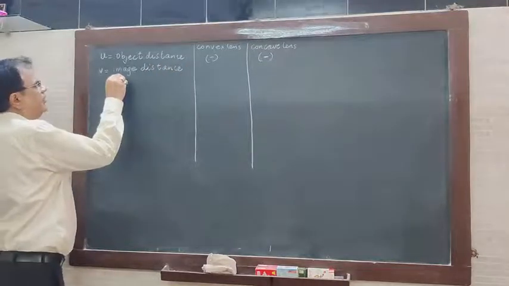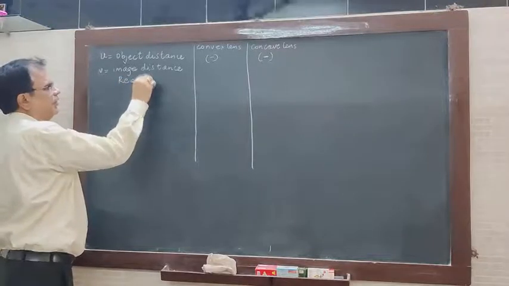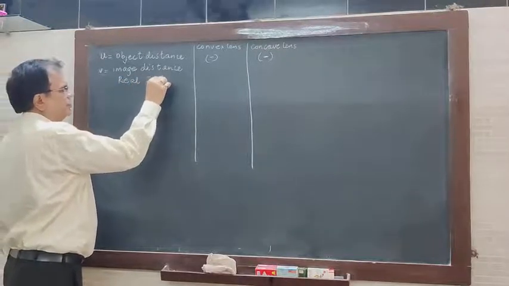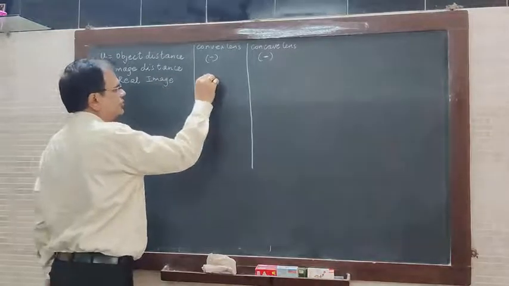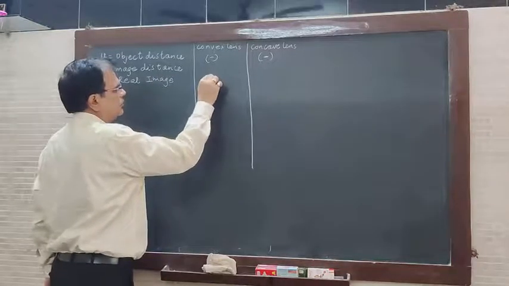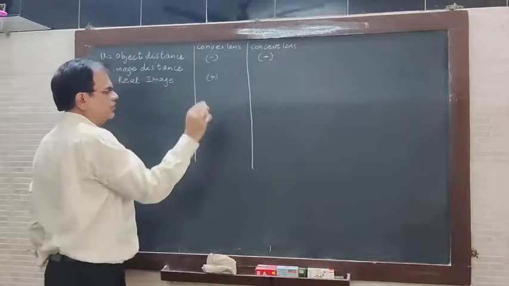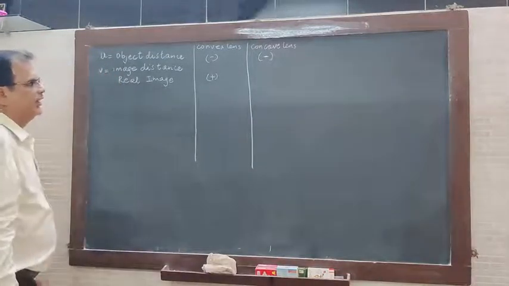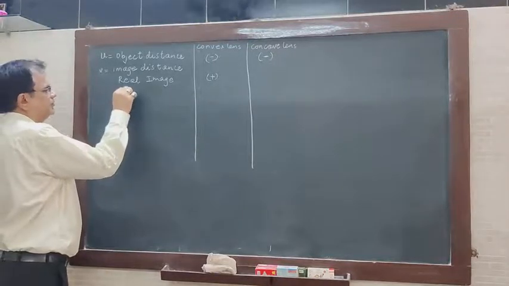If the image is real, the image distance is positive, and if the image is virtual, it is negative.